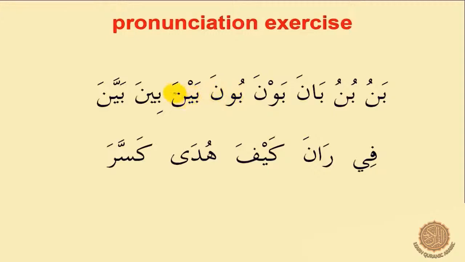bayna. Then we have beena. This is a long vowel. Beena. And finally, it's bayyana. So there's a shadda there. So it can actually be written as follows. The ba, then the ya, followed by another ya, and then finally the noon.